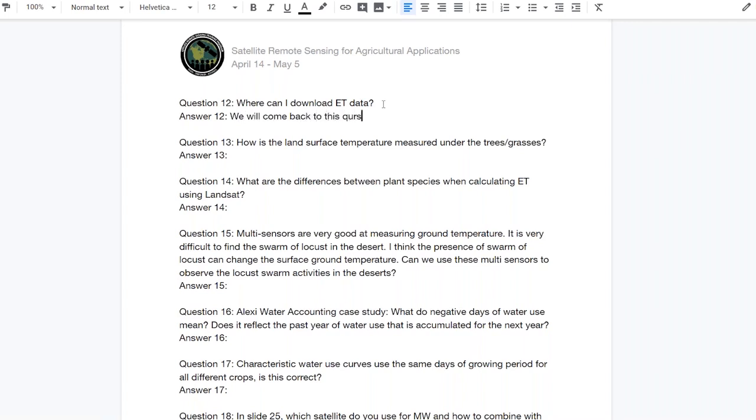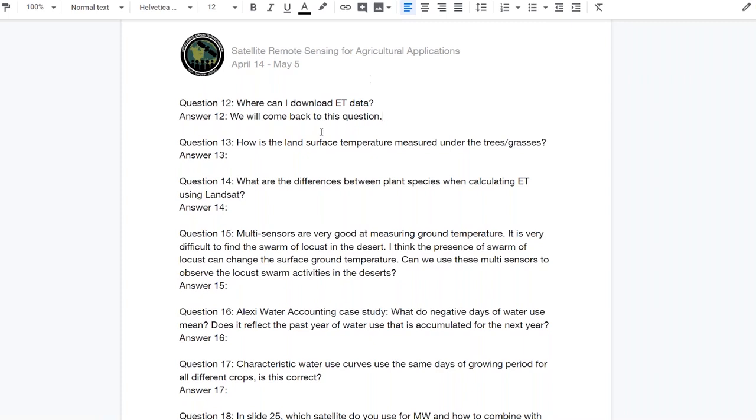It really depends on your application, your focus area, what resolution you want, and how many years of data you need. Some of the models I presented here are more operational and provide long-term data sets, and sometimes it's best to contact the PI or the developer of a given tool. We can definitely come back to this and provide some links.